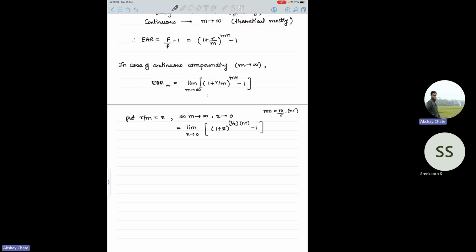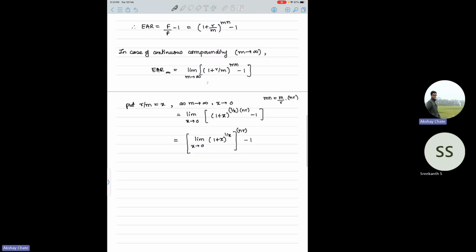And it is a property of limits. Since N and R are constant, I can take them outside the bracket. So with x tending to 0, you get (1 + x)^(1/x) whole raised to the power N·R, and this minus 1 is a constant, so it remains as it is. This is a standard result, the 1 to the power infinity form, so you have to take log on both sides, and if you solve for it, you will get e^(N·R) minus 1.